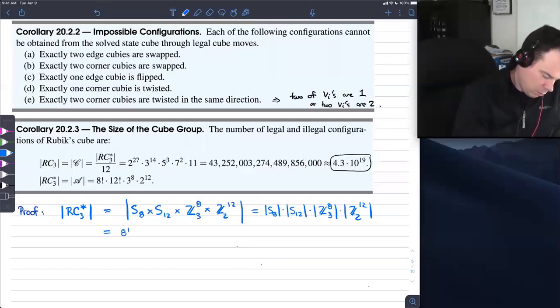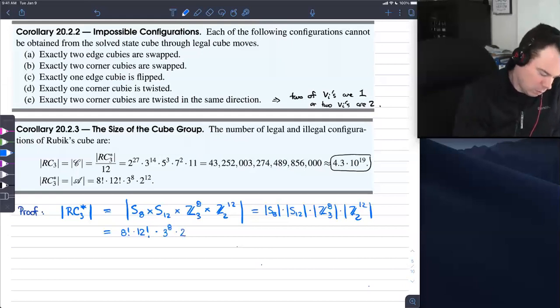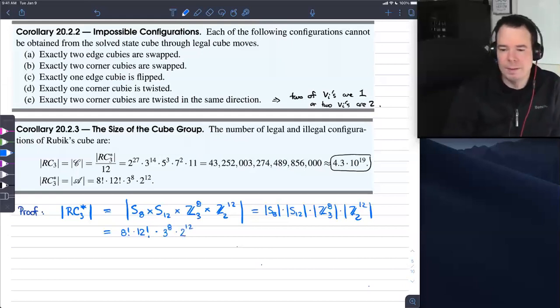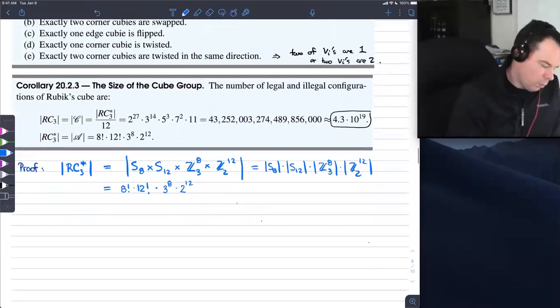That's 8 factorial, times the size of S12, which is 12 factorial, times the size of Z3 to the 8. There are 8 components, each with 3 choices, so that's 3 to the 8. And Z2 to the 12 is a vector of length 12, each component has 2 choices, 0 or 1, so that's 2 to the 12. So that's the size of the illegal cube group, R C3 star. We want RC3.